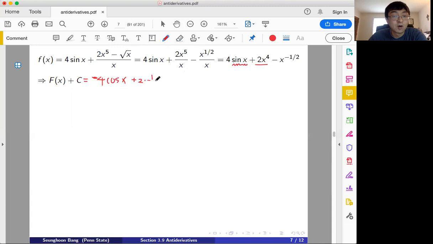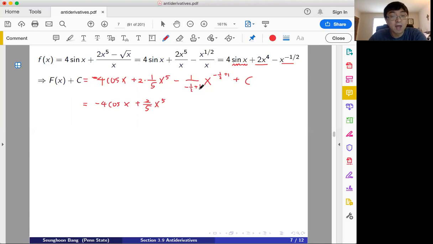The antiderivative is 1 over 5 x to the 5 minus, here you can use the power rule, 1 over negative 1 half plus 1, x to the negative 1 half plus 1, plus c. You simplify: negative 4 cosine of x plus 2 over 5 x to the 5.